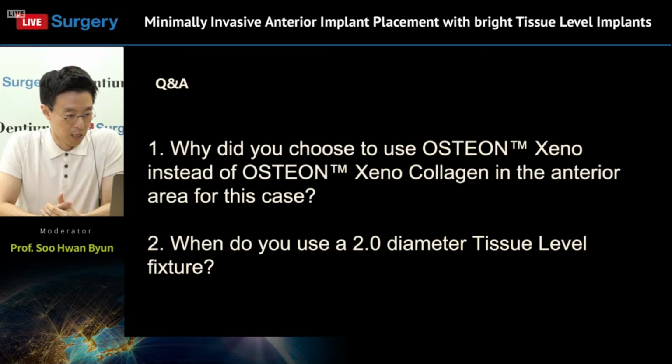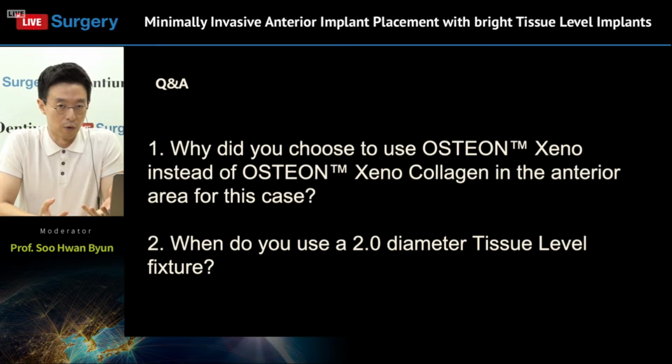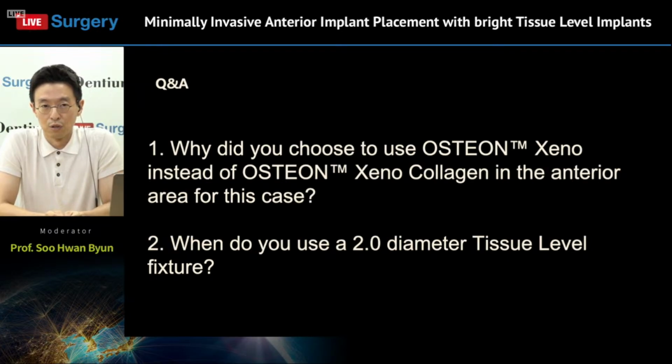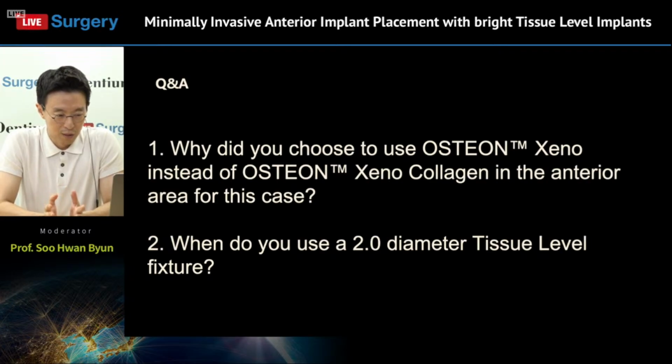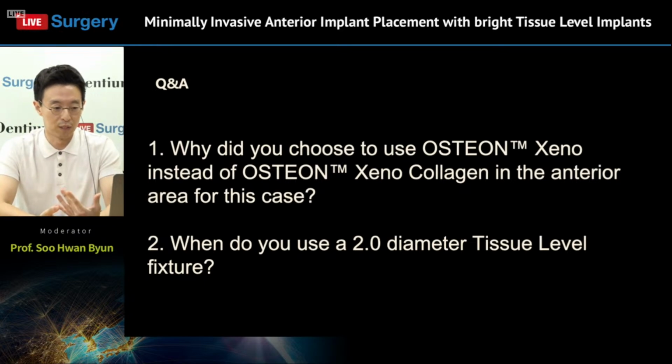That's a very insightful question. OSTEON Xeno collagen is made of OSTEON Xeno and collagen. The primary reason for choosing OSTEON Xeno in this case comes down to predictability and aesthetics. Both factors are very critical in anterior area. In the anterior area, it is essential for the exposed part of the fixture to be completely covered by bone graft to ensure a good aesthetic outcome.